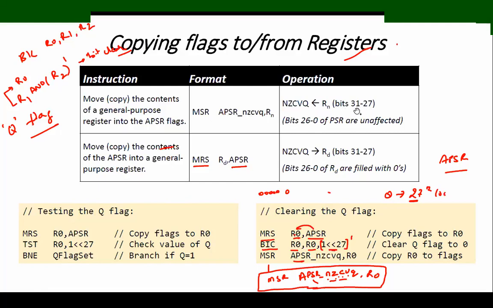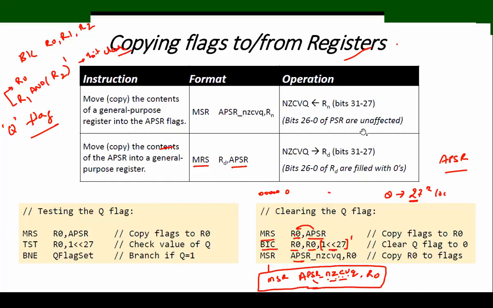These bits are transferred, the values of this register are transferred to the status flags. So 27, 28, 29, 30, 31. There are 5 bits, 1, 2, 3, 4, 5. These 5 bits will come and sit in these 5 flags: negative, zero, carry, overflow, and Q, which is saturation.